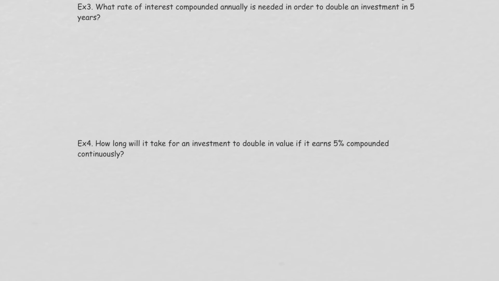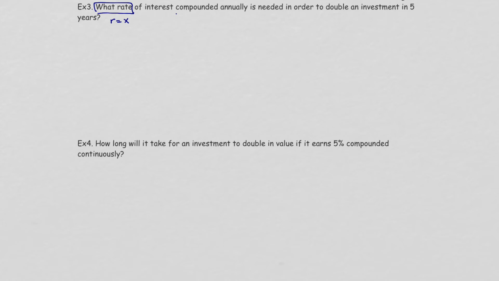Example 3 is asking what rate of interest compound daily is needed in order to double an investment in 5 years. So this time they're asking for rate. So your question is trying to look for the rate. What else is given?